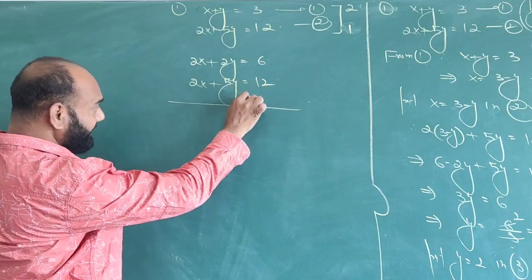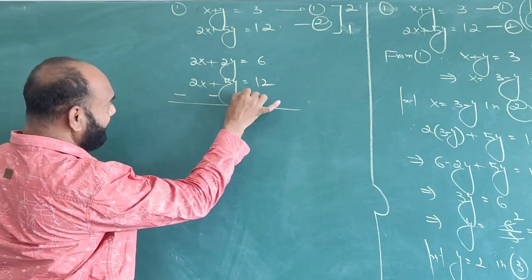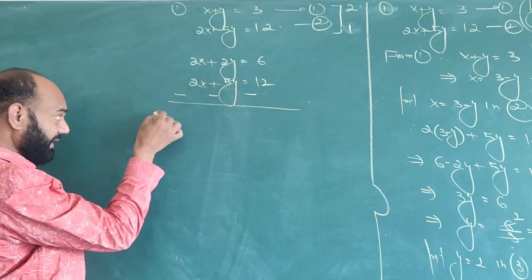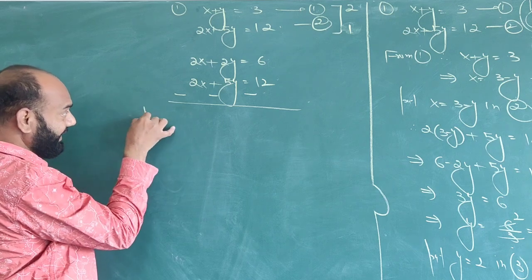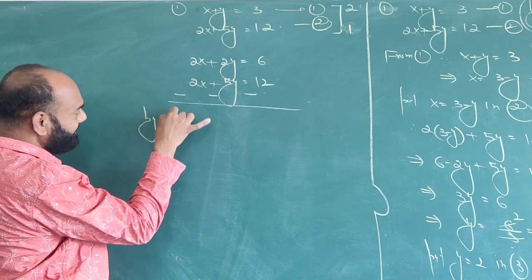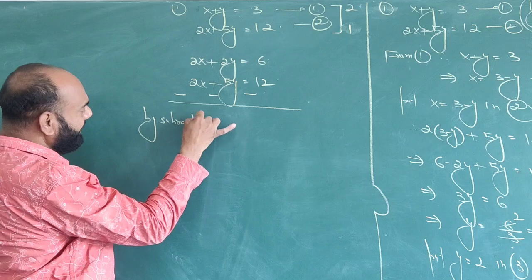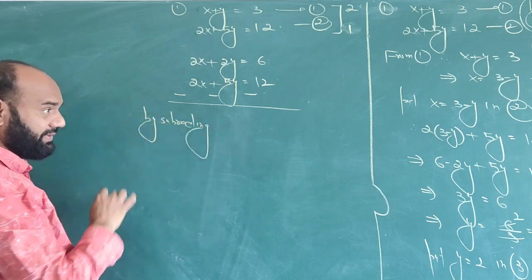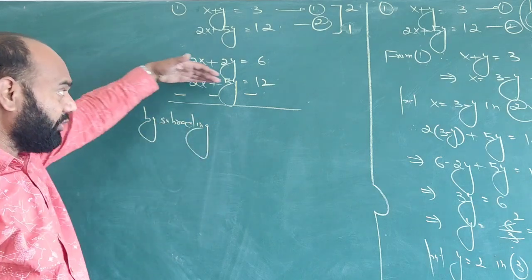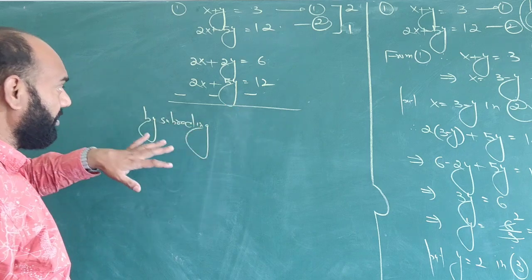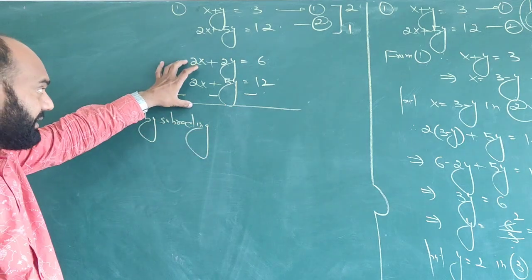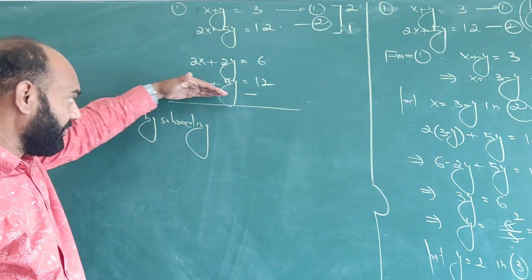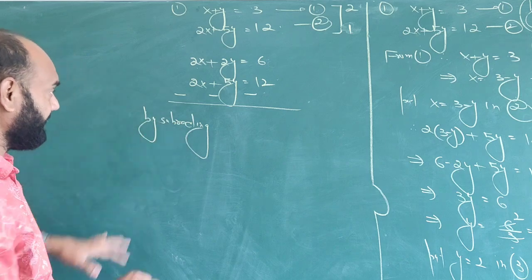So for opposite sign, we change the sign of the second term. In other words, it is said to be subtracting, and we know that in subtracting, the second term's sign is changed.